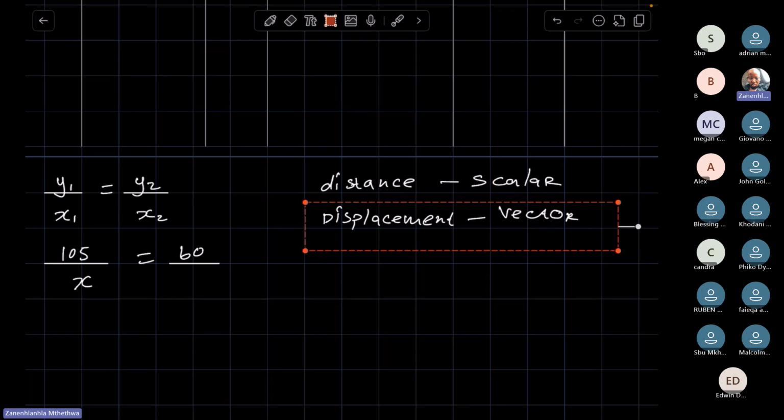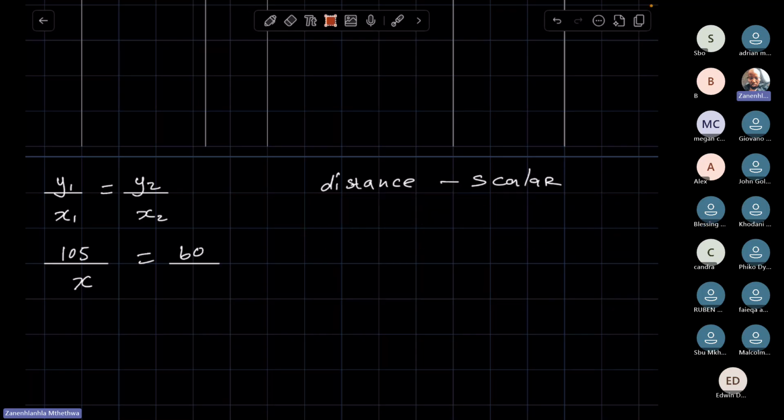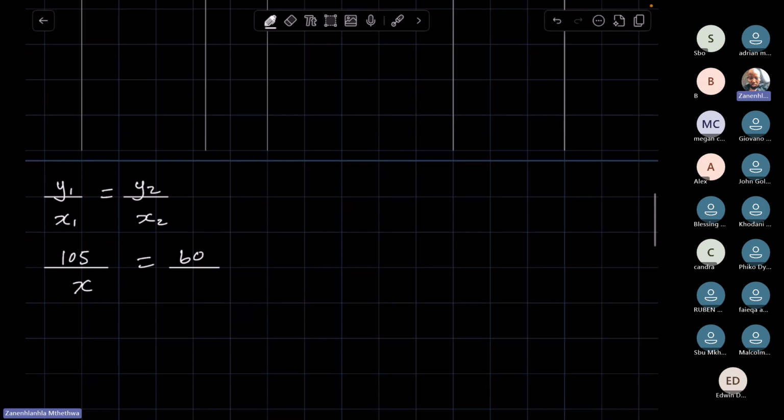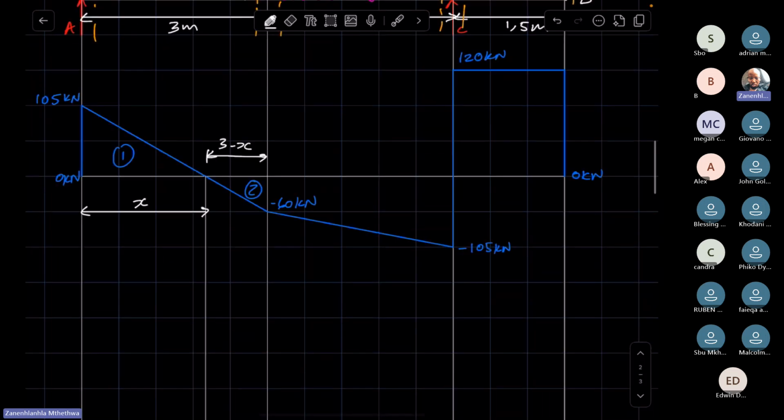With these ones, seeing that we take them as distances, we don't necessarily have to consider a direction or sign. So the negative 60 you take as positive 60.